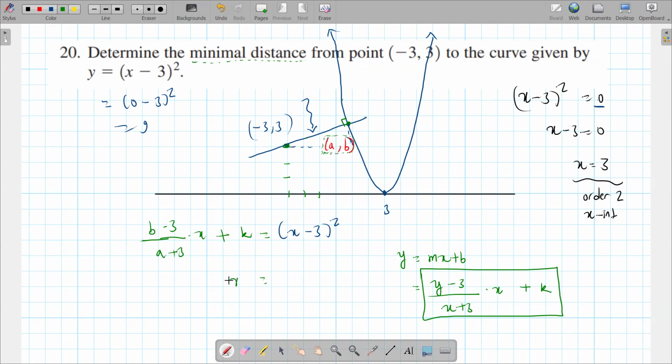So what's the x value at their point of intersection? It's A, right? What's the y value at their point of intersection? It's B. How do you find the distance between 2 points?